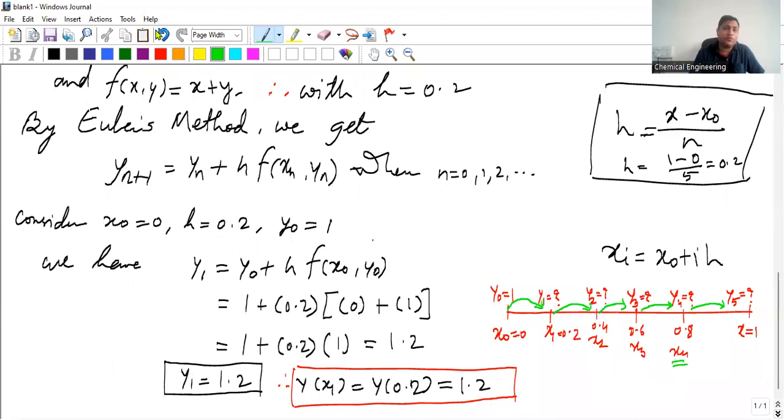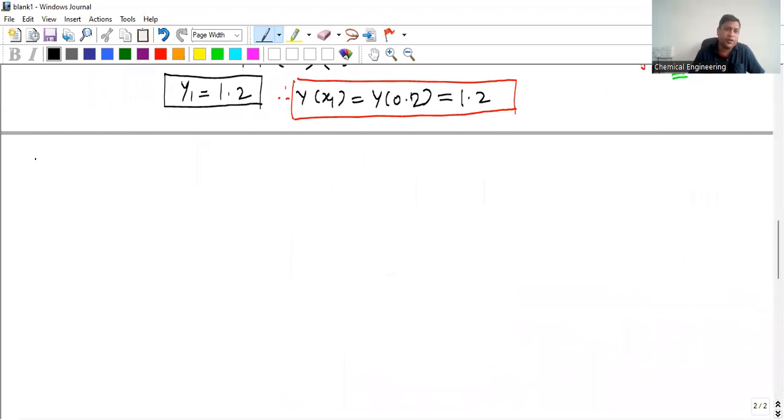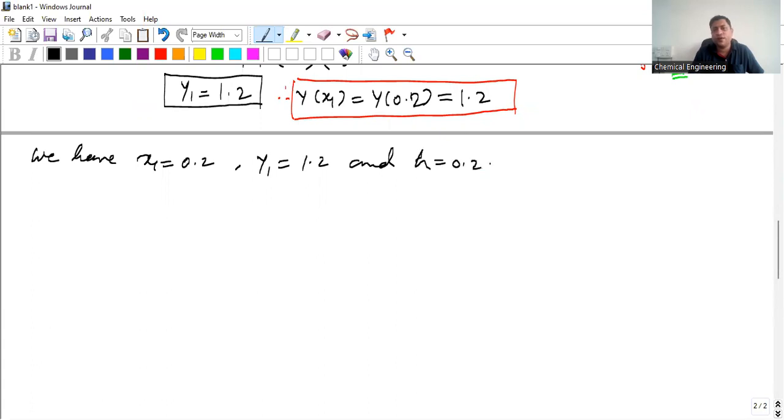So we got the value of y1 here, and hence let us try to calculate the value of y2. So we have x1 is going to be 0.2, y1 is equal to 1.2, and h we know is going to be 0.2. So we get y2 is equal to y1 plus h times f of x1 y1.